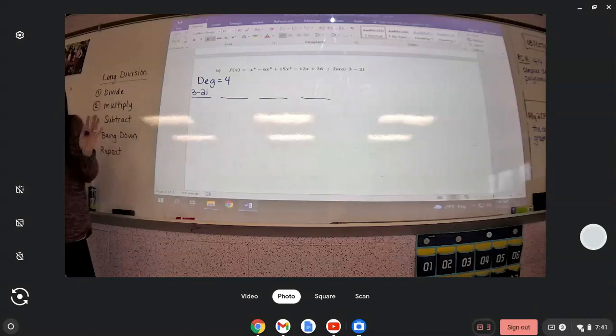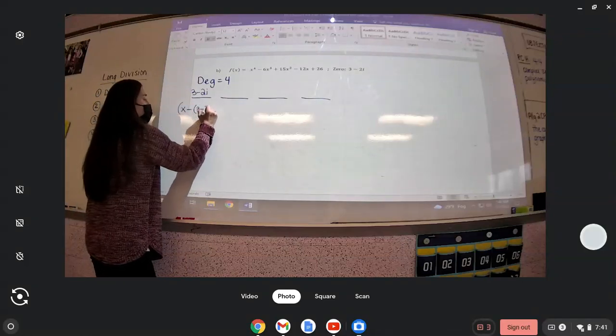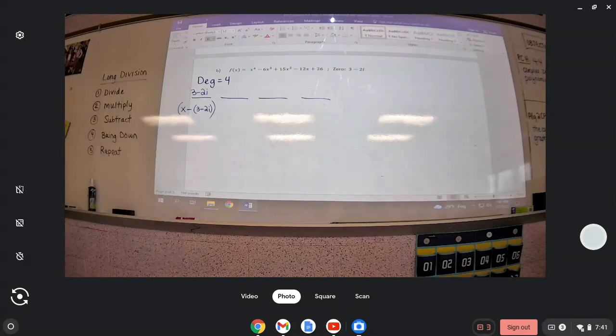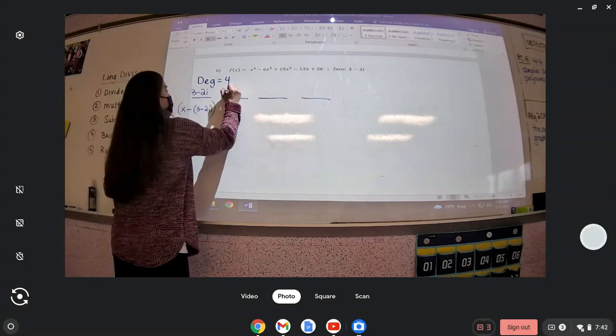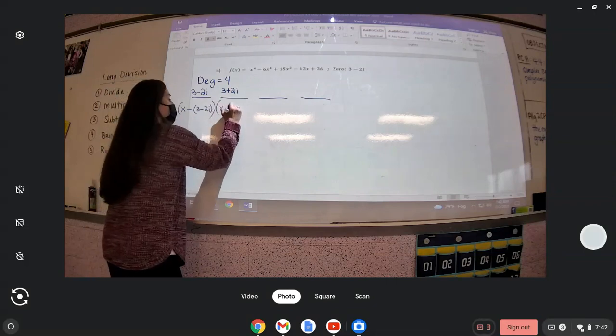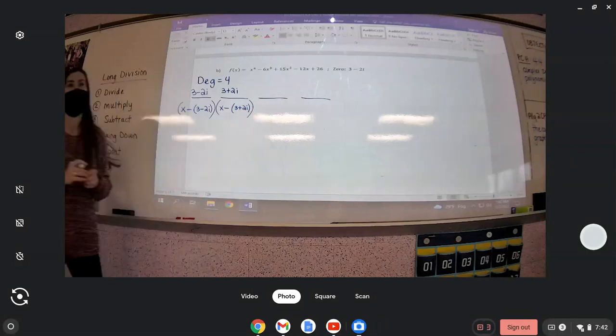So we know technically it could be a 0 of x minus 3 minus 2i. Who do you automatically know is another 0? 3 plus 2i. So now we know that it could be x minus 3 plus 2i, written as a factor.